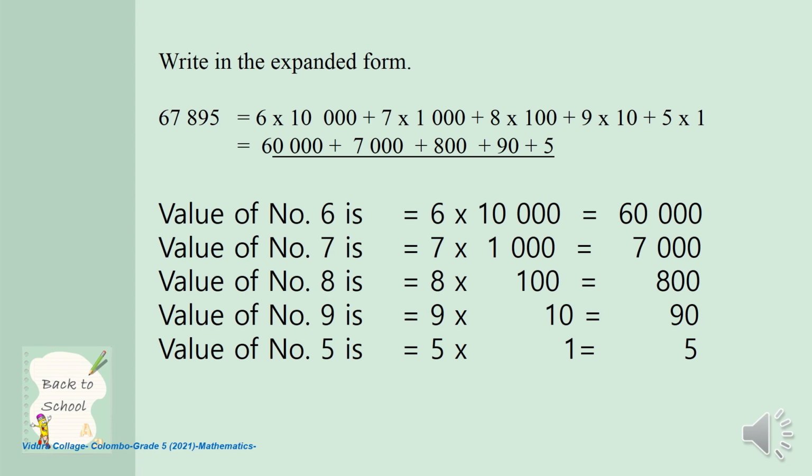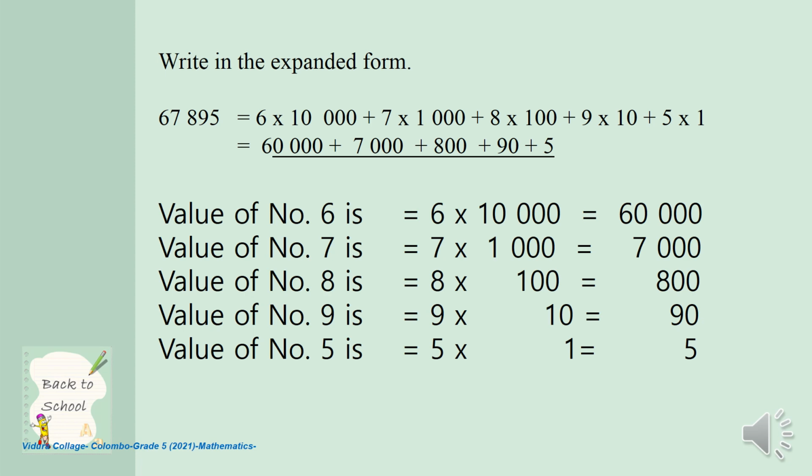So you read it as 67,895. Here the place values are 5 units, 9 tens, 8 hundreds, 7 thousands and 6 10,000s.